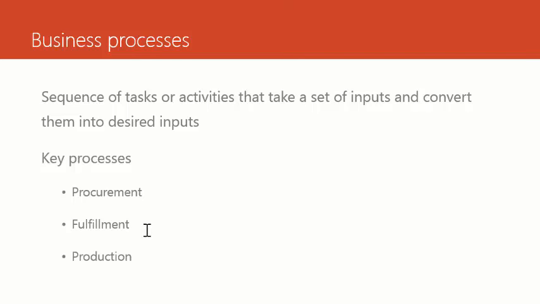So we'll talk about each individual process. Again, a business process is a set of tasks or activities that take a set of inputs and convert them into desired output. So this has to actually change into output.